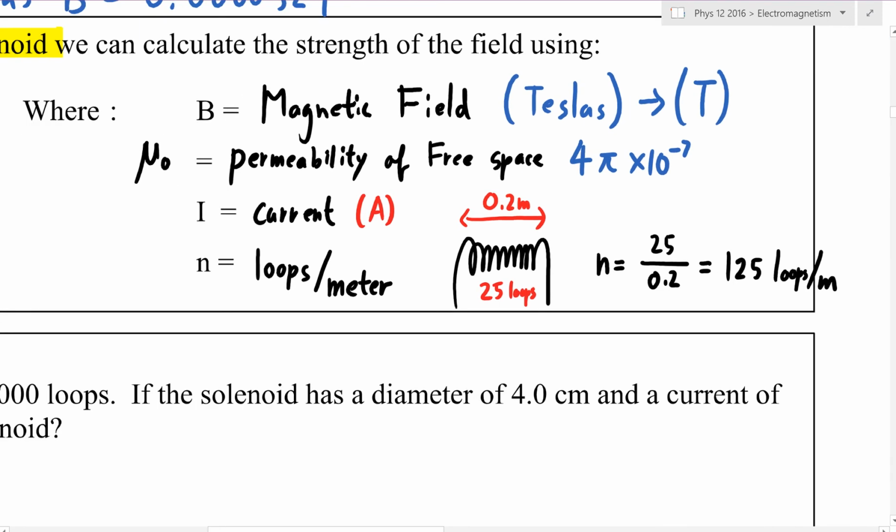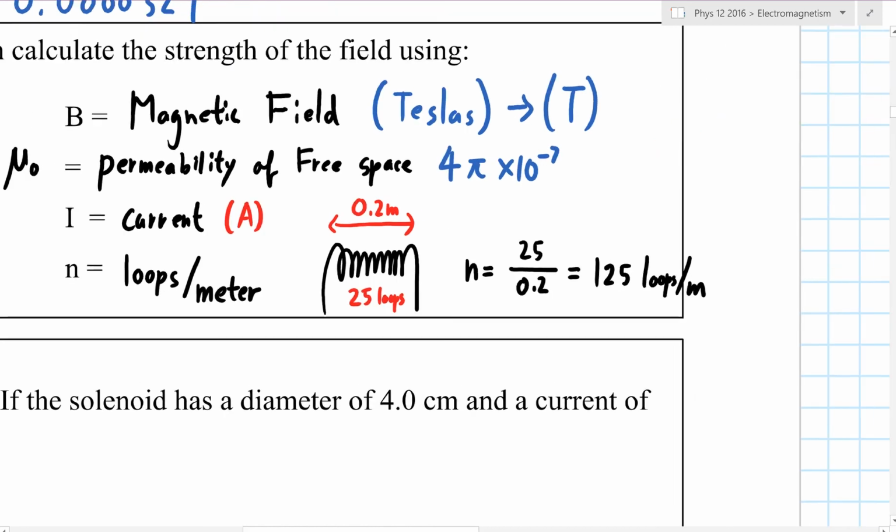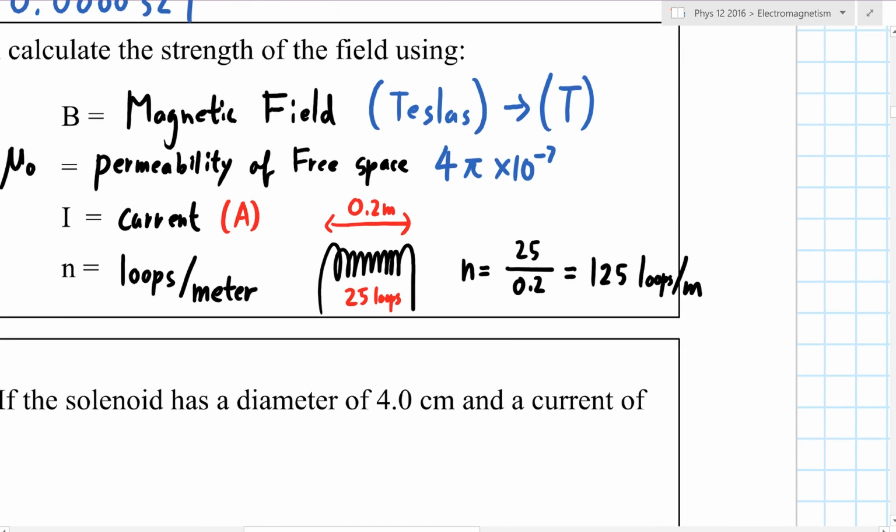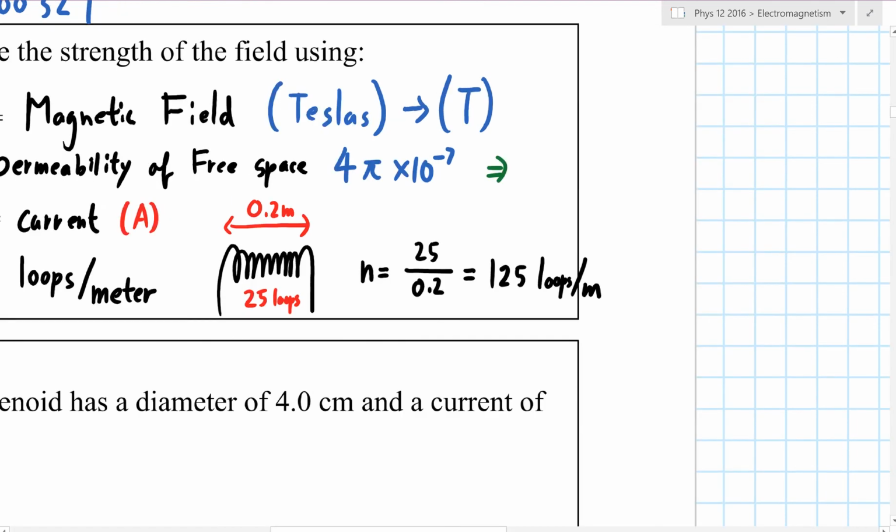Okay, all good. Now, one thing that I will concern a little bit about this kind of calculation is the permeability of free space constant. You cannot actually do 4 pi times 10 to the power of negative 7 directly on your calculator. It's kind of weird. So what I would usually do is type pi, multiply by, and then 4e negative 7.